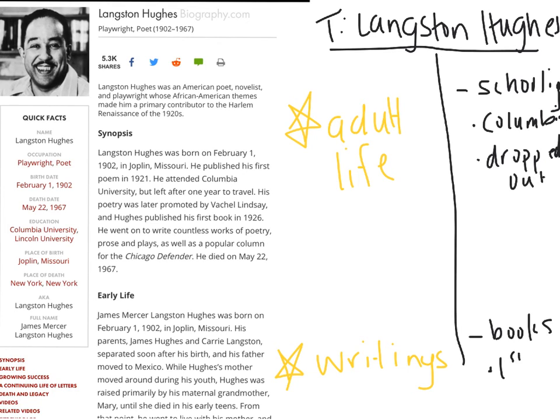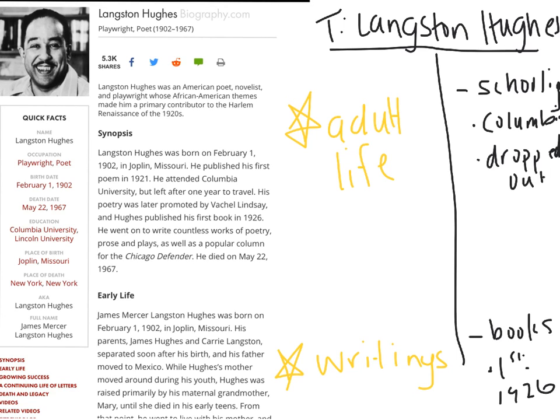So first book, 1926. It does say that he wrote countless works of poetry, prose, and plays, as well as a popular column. So I would continue to include that information under the writings piece.